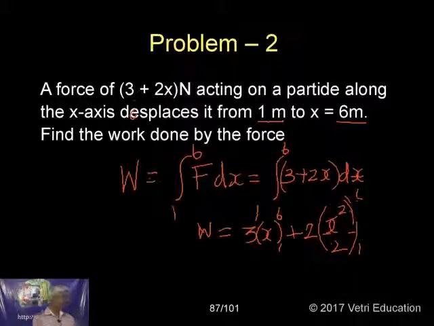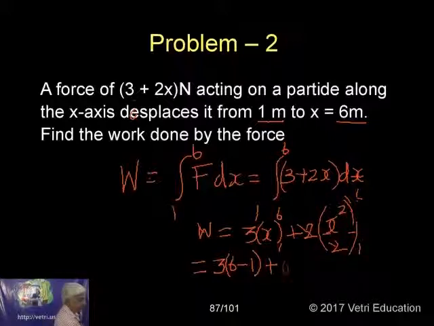So we got, that is equal to 3 into upper limit 6 minus lower limit 1, plus, these two 2s getting cancelled, x square, upper limit 6 square minus lower limit 1 square.